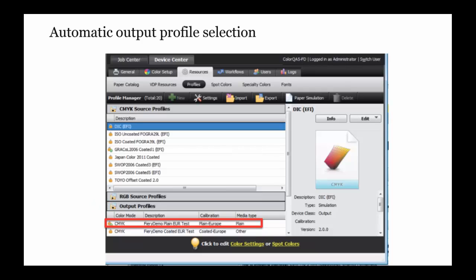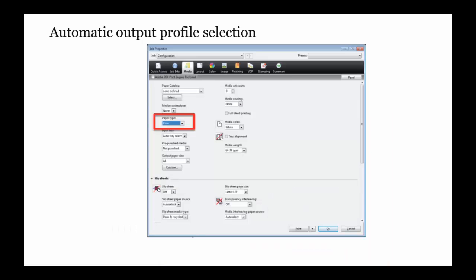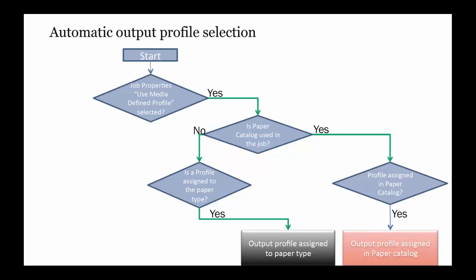In this example, the Fiery Demo Plain profile is assigned to the plain media type. When I print this job, if I go to the Media tab of Job Properties, and rather than using a Paper Catalog entry, I pick a paper type, in this case choosing Plain, the output profile will be chosen based on the paper or media type, and the output profile used will be the one assigned to that paper type that I printed on.